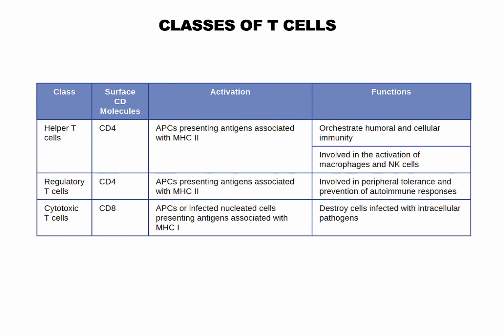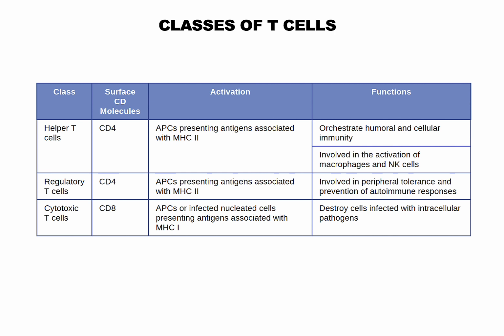T cells are integral components of the adaptive immune system and can be classified into three main types: helper T cells, regulatory T cells, and cytotoxic T cells. The differentiation among these classes is based on the expression of specific surface molecules, their activation processes, and their unique roles in immune responses.